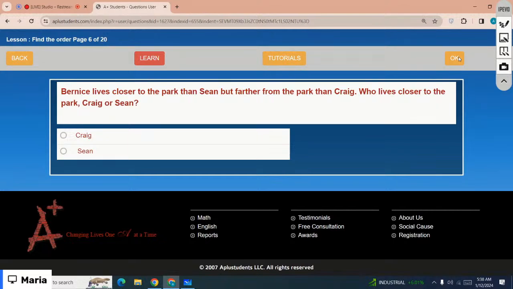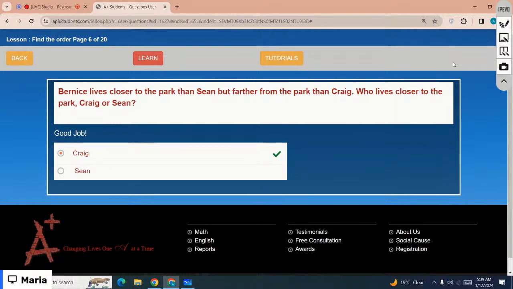Which is the correct option? This is grade 5. That means Craig is closer to the park. Grade 5 it is.